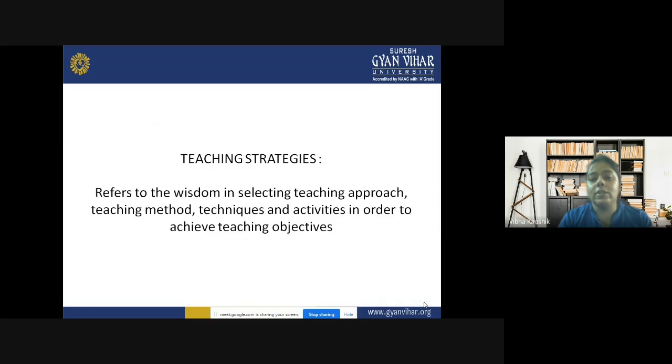And activities: the different activities that will be employed by the teacher for teaching that particular course or content in order to achieve teaching objectives. The selection of the best teaching approach, teaching methods, techniques, and activities is based on this, so that we are able to achieve the teaching objectives of that particular subject or content.